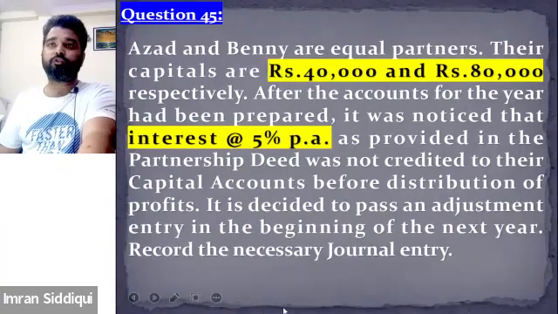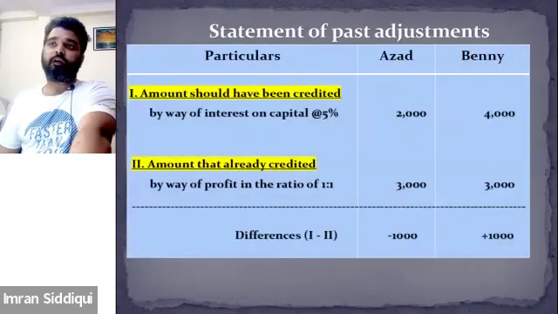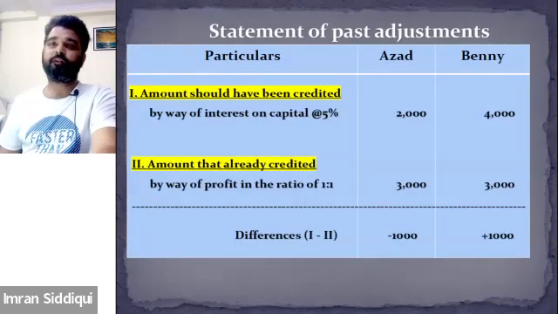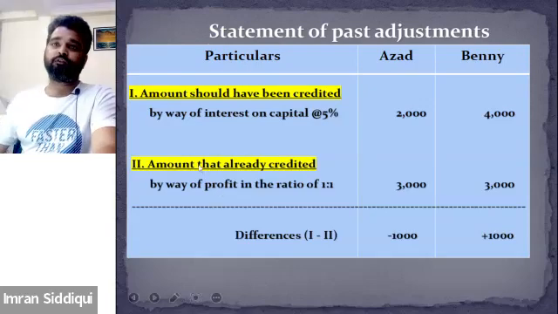Let me show you the entire solution one more time. See, as I told you, first of all, in order to solve this question, we will be preparing this statement, which is called the statement of past adjustment. And in this statement, we will first of all write down what should have been actually done, what amount should have been actually credited. So we have forgotten to credit the interest on capital at 5%.